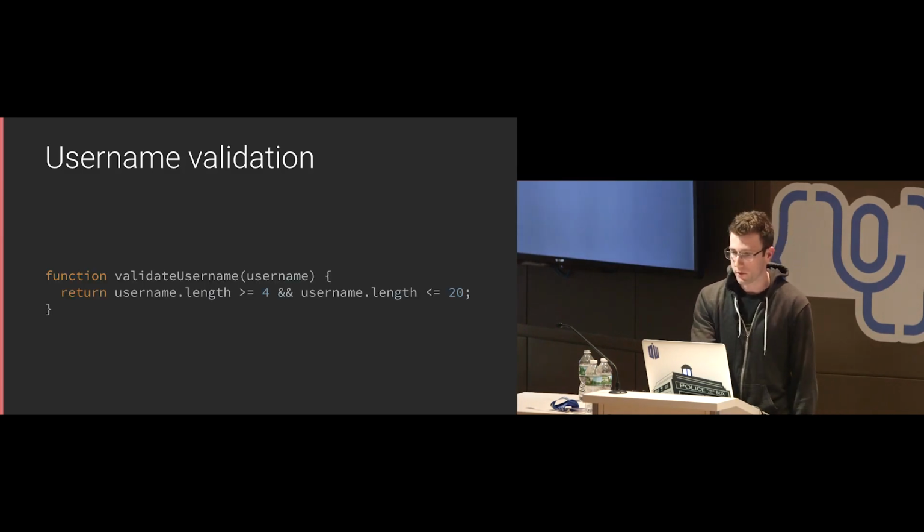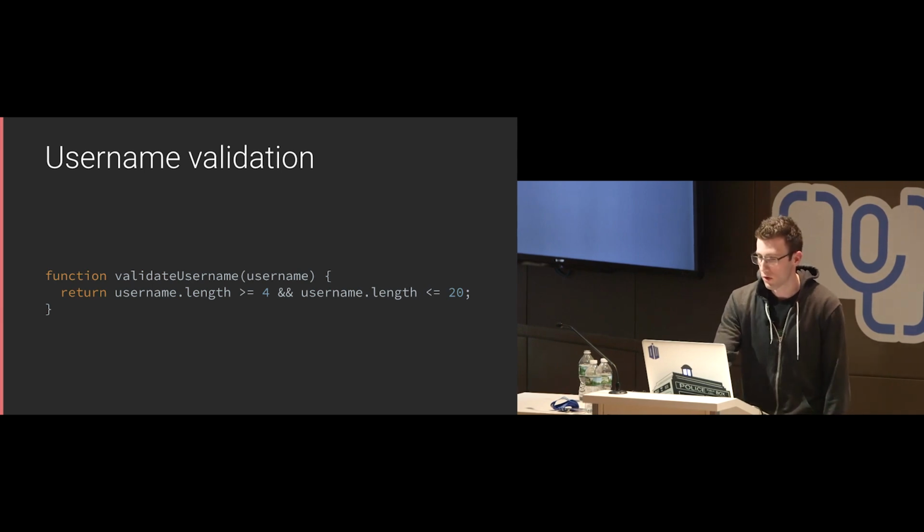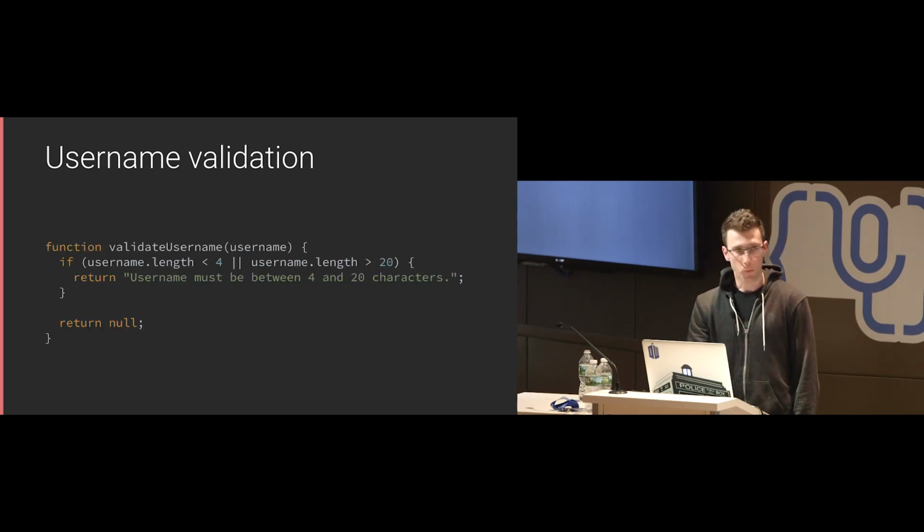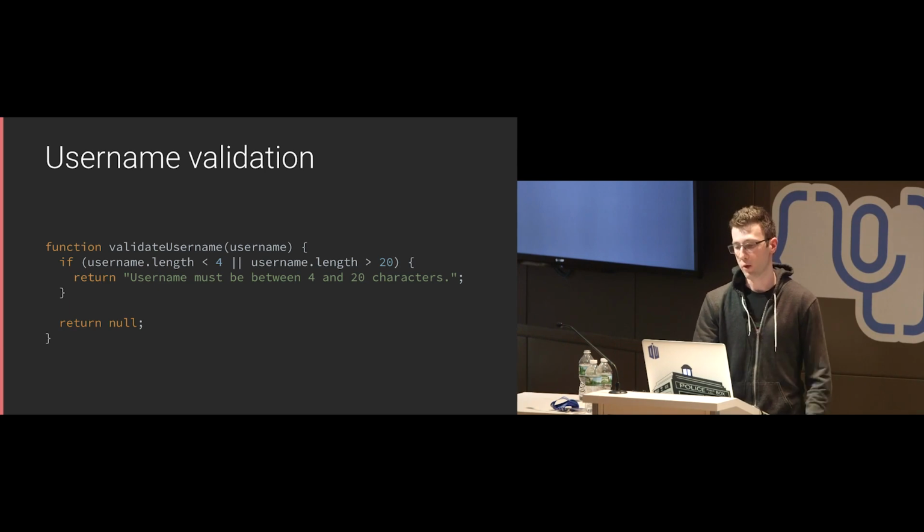All right, so let's start with a simple example. Back to our username validation. So here is a very simple JavaScript function which validates the username based on its length. Just checks that it's within 4 to 20 characters. Here's a slightly better one that when the username is invalid, it returns an appropriate error message and returns null when it is valid.